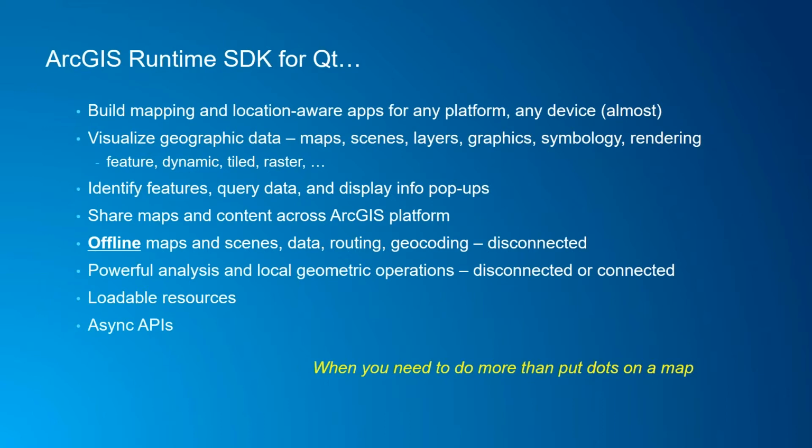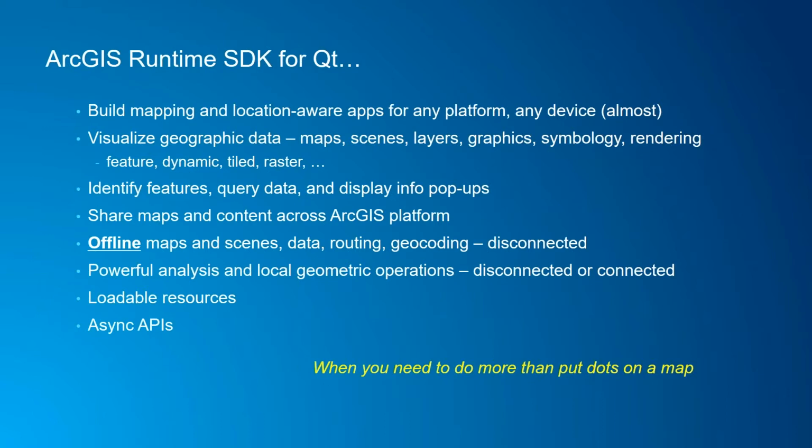And of course, now it brings the power of ArcGIS to this developer community, allowing users to visualize their data in the geographic context through maps, 3D views, data layers, and graphics, giving the developer control over how the symbology is representing those features and how the data is rendered on the device.